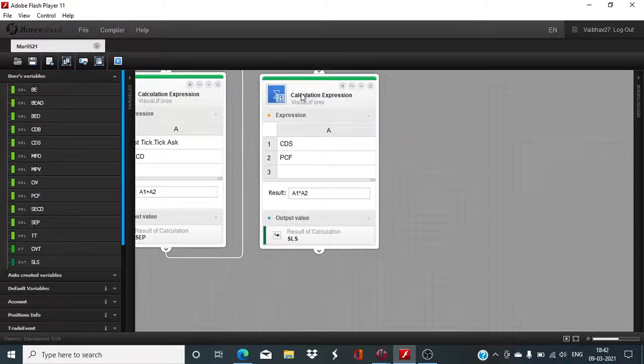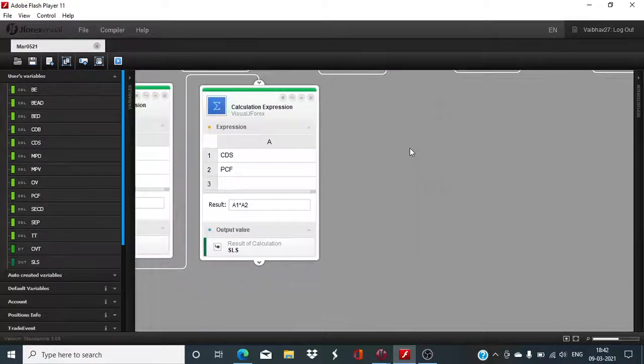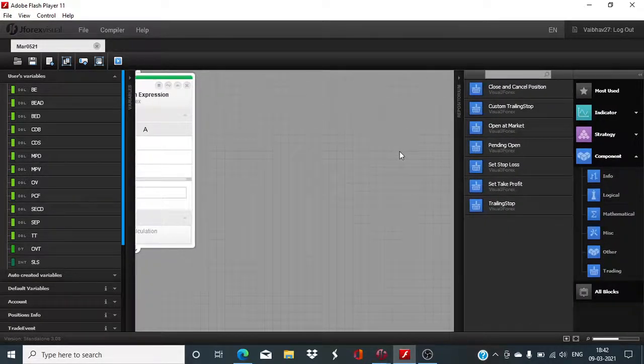Similarly, we will define the buy side stop loss as well. We will need 3 more calculation blocks.